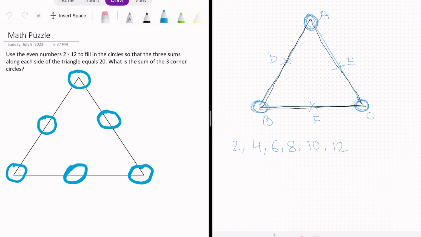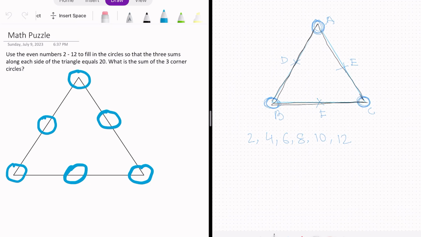And no matter what I choose, A, B, C, D, E, and F must lie within the number set of 2, 4, 6, 8, 10, and 12. So let's try to find out the combinations in which I can come up with the number 20. Let's start with the biggest number.